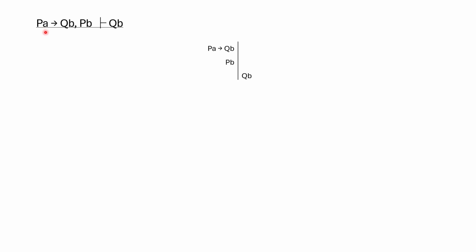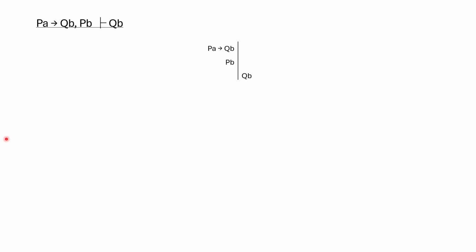And based on our rules from before, the left side has to match. It has to look identical to be able to do arrow out rules. So here we have PB as a second assumption. Does that match PA? No, it does not. And since it doesn't match, this one's ultimately going to be invalid.